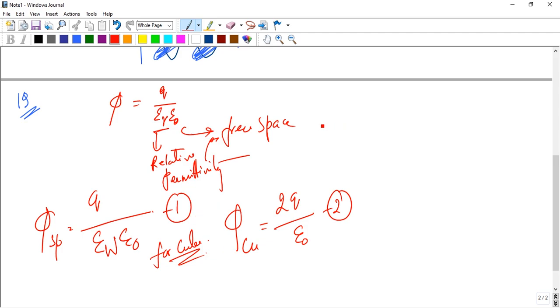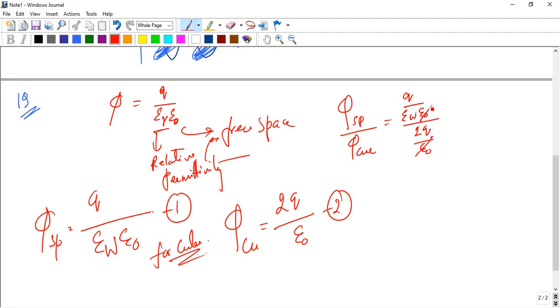The ratio of sphere to cube is Q over epsilon W epsilon naught, divided by 2Q by epsilon naught.